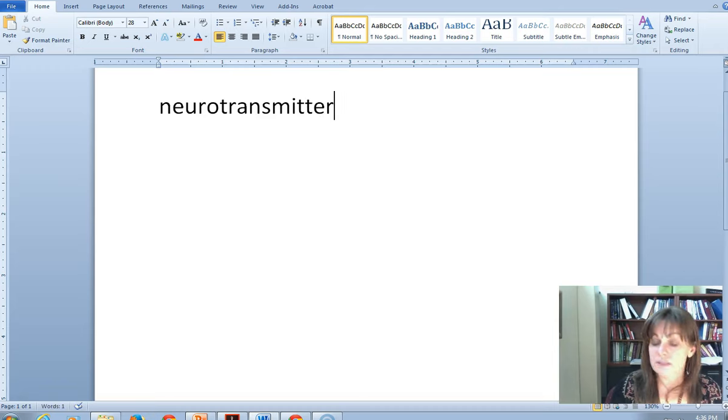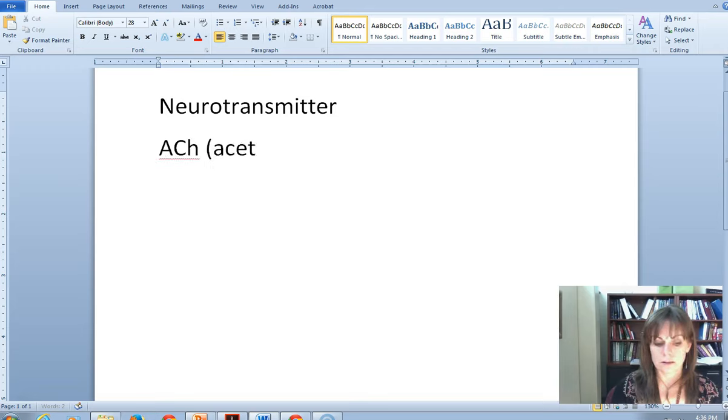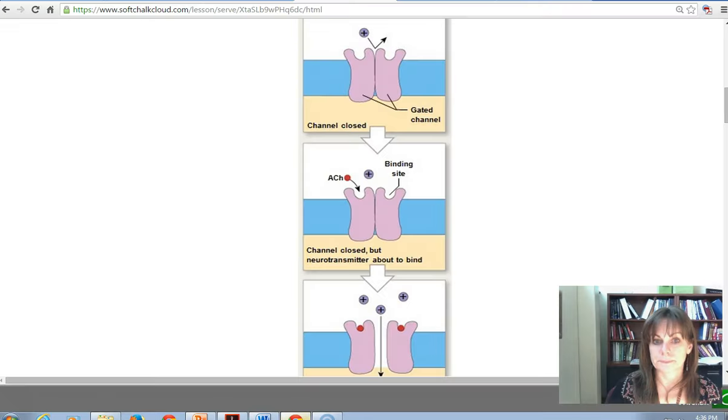The specific one shown in the cartoon is acetylcholine, abbreviated ACH. We can see when acetylcholine binds to the channel, it opens. And this can go the opposite direction as well. If the neurotransmitter stops binding, then this gate will close.